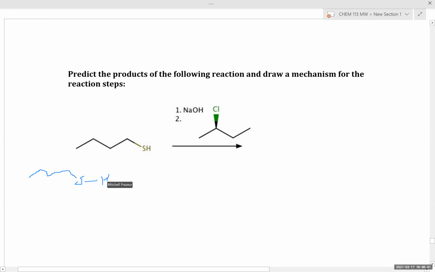So in our first step, when we treat our relatively acidic thiol with sodium hydroxide, we're going to deprotonate our thiol to yield our thiolate anion.